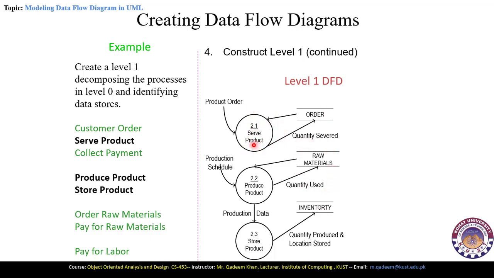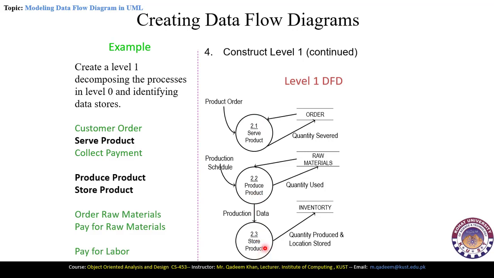For example, serve products is using the orders, and also the order tables use the serve products process. Similarly, raw material also uses the produce products, and produce products also uses the raw material tables. So here the quantity used in the raw material is used by the produce products. Similarly, the second level, this is 2.3, is the store products.